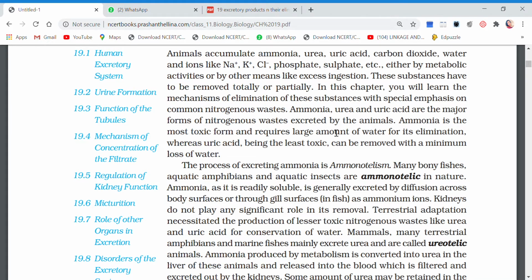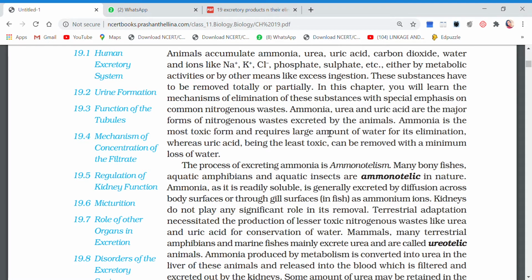Now if there is a body which wants to get rid of ammonia, another body which wants to get rid of urea, and a third body which wants to get rid of uric acid, then among these three, the one which has to get rid of ammonia requires a large amount of water, because removal of ammonia can only be done when there is a large amount of water.